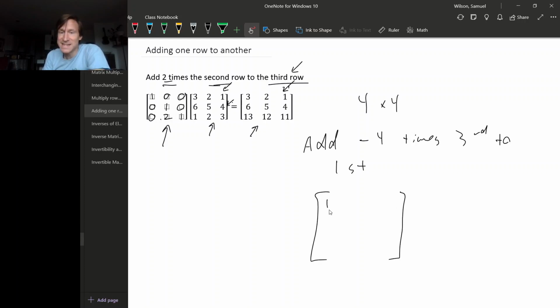We can take the 4 by 4 identity matrix and then add negative 4 times the third row to the first row. So doing that just takes this 1, multiplies it by minus 4, and adds it to the first row, so that puts a minus 4 right here. You can see the matrix that we got in our first example is just the 3 by 3 identity, but then you add 2 times the second row to the third row, that puts a 2 right there, which is what we got.